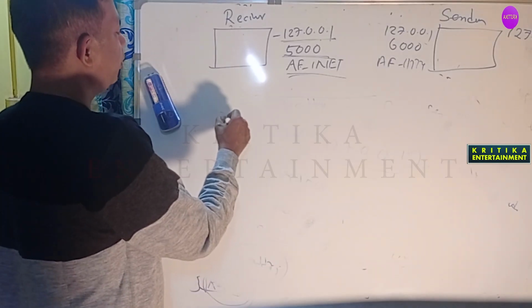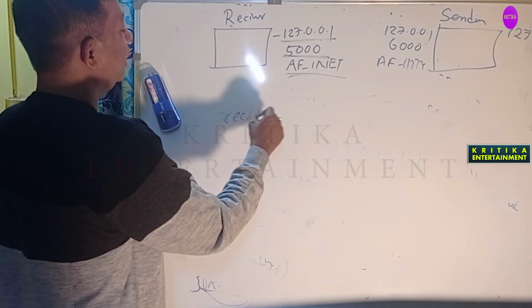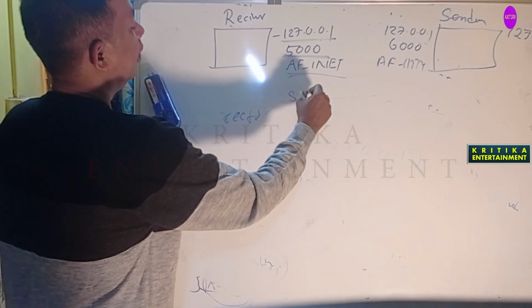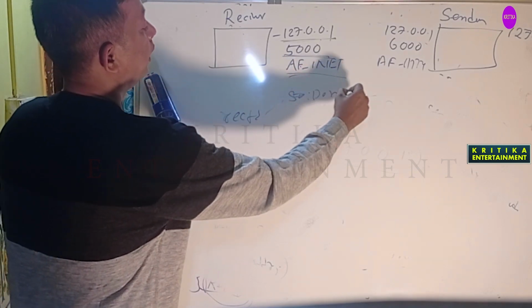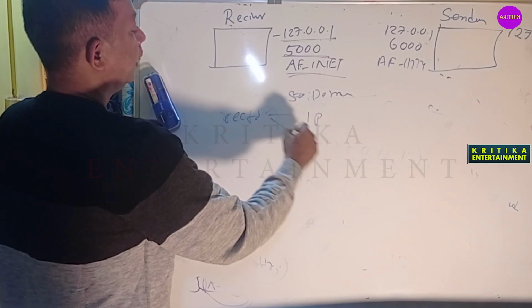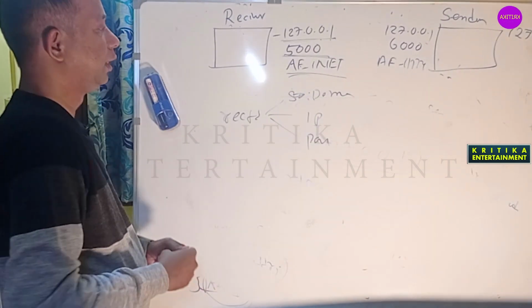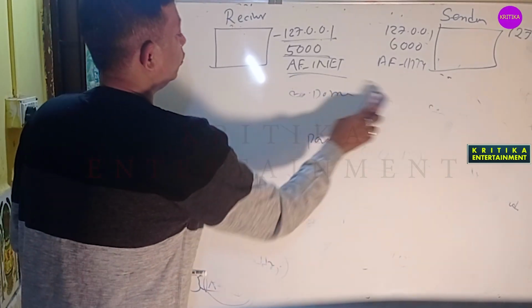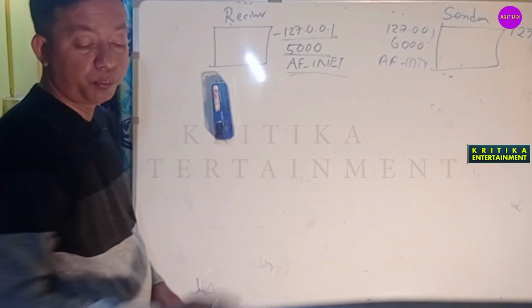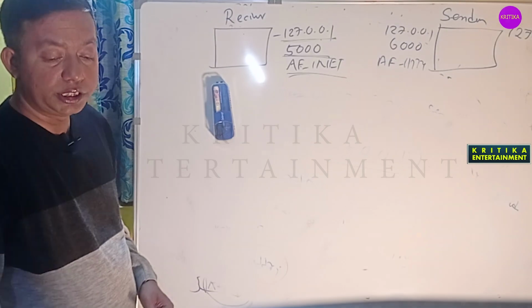So if you want to add to the receiver FD socket the domain, then IP, then port, then use the bind function. Okay, then see how to use this. That port and IP address is stored in the receiver.